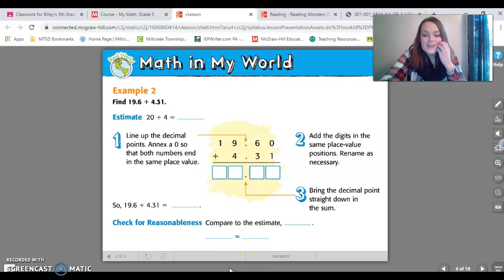Okay, sorry, Mrs. Bliley is making quite a few mistakes, but we can learn from them, we can grow from them. Let's look at example 2.